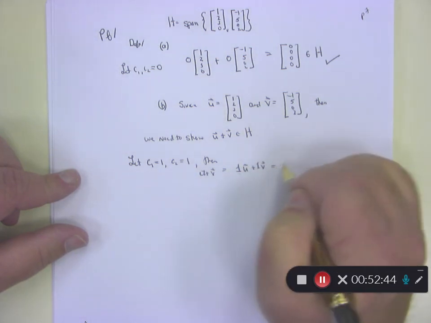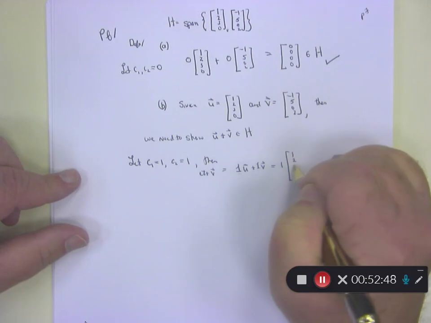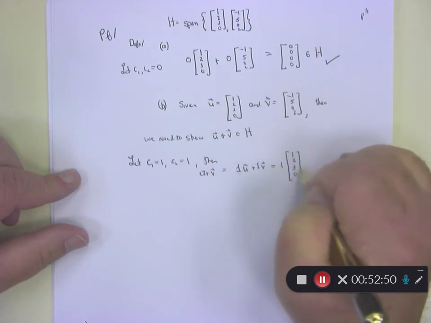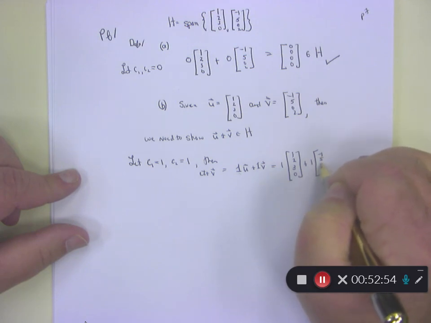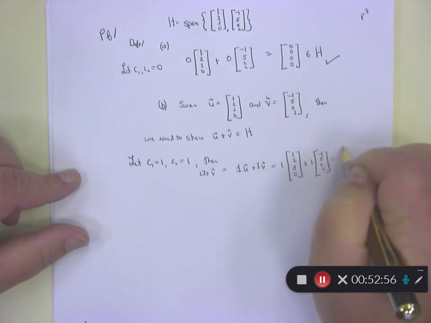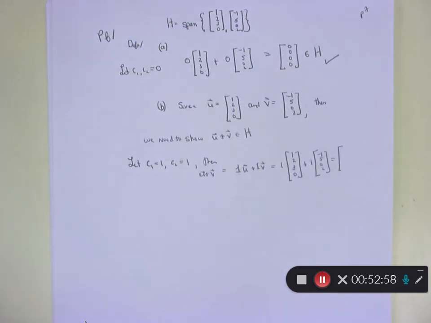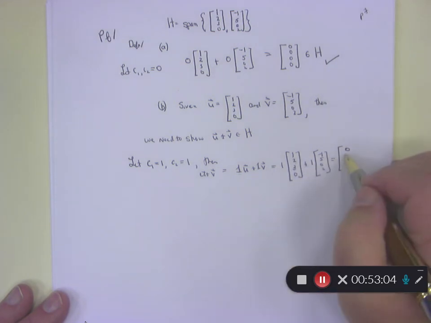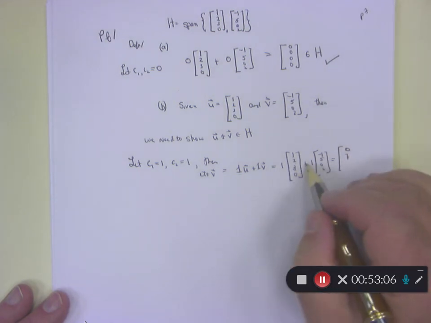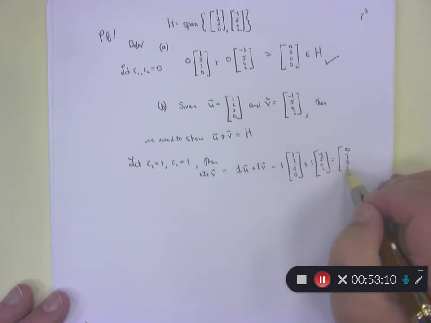1U plus 1V is equal to 1 times 1, 2, 3, 0 plus 1 times -1, 5, 0, 2. And that's going to give me this vector here, which is what? 1 plus -1, I believe, is 0. 2 plus 5 is 7. 3 plus 0 is 3. 0 plus 2 is 2.